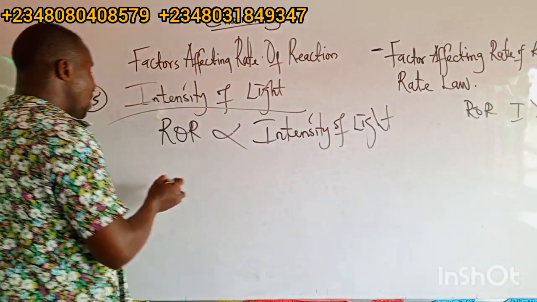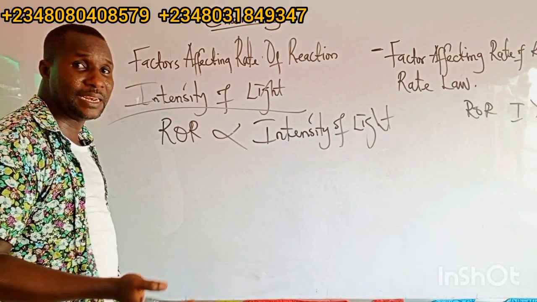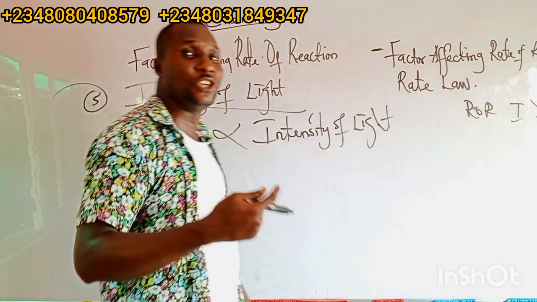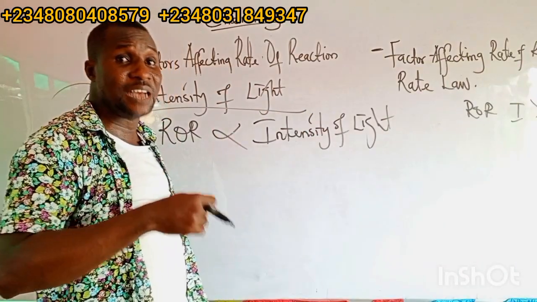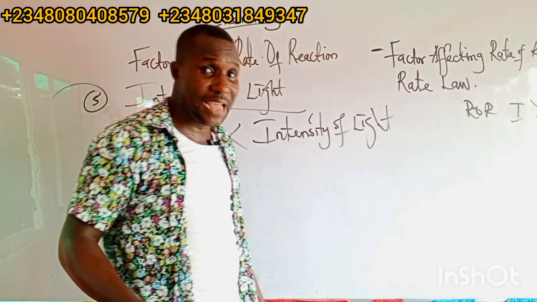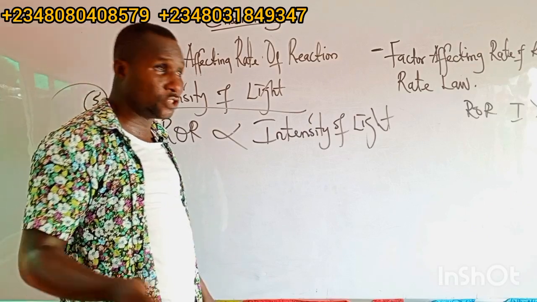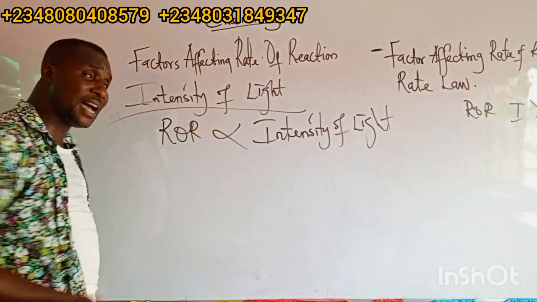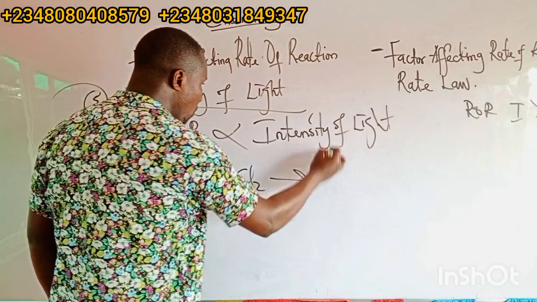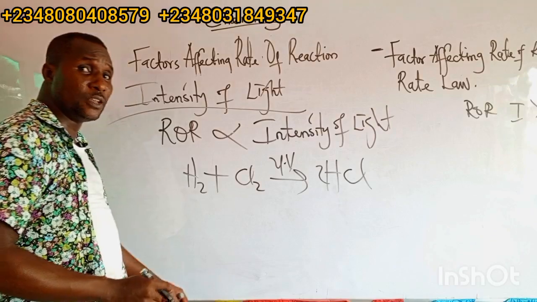For example, when you have a substitution reaction, the reaction between methane and chlorine gas, that reaction has a higher rate of reaction when it is carried out in the presence of ultraviolet light. Another reaction is photosynthesis. Another reaction is hydrogen gas reacting with chlorine gas to form HCl. In the presence of light, this reaction is very fast.